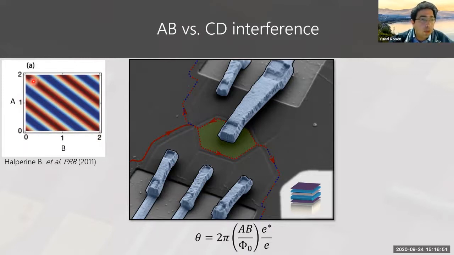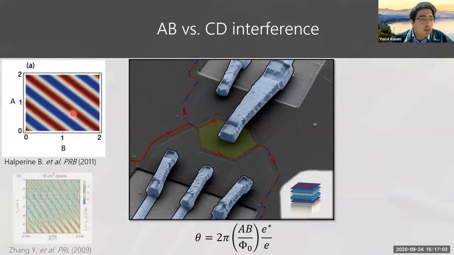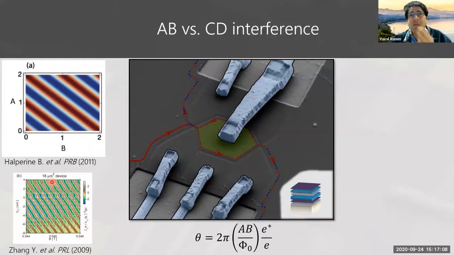This is a theoretical paper. As you increase the magnetic field, to stay at the same phase you need to decrease the area. And this is exactly what people did. In 2009, Charlie Marcus, who was actually in the same lab I'm in now, because Philip Kim changed Charlie Marcus's flow, so we are continuing the same interference experiment in the same flow.